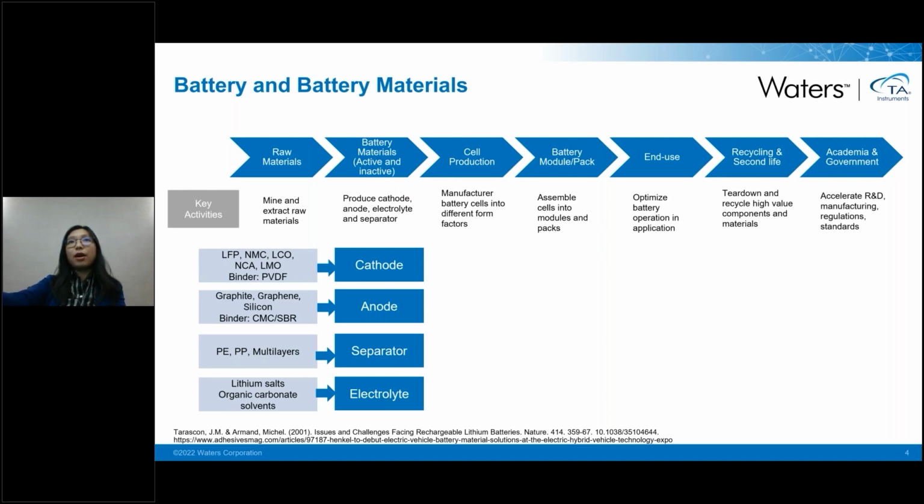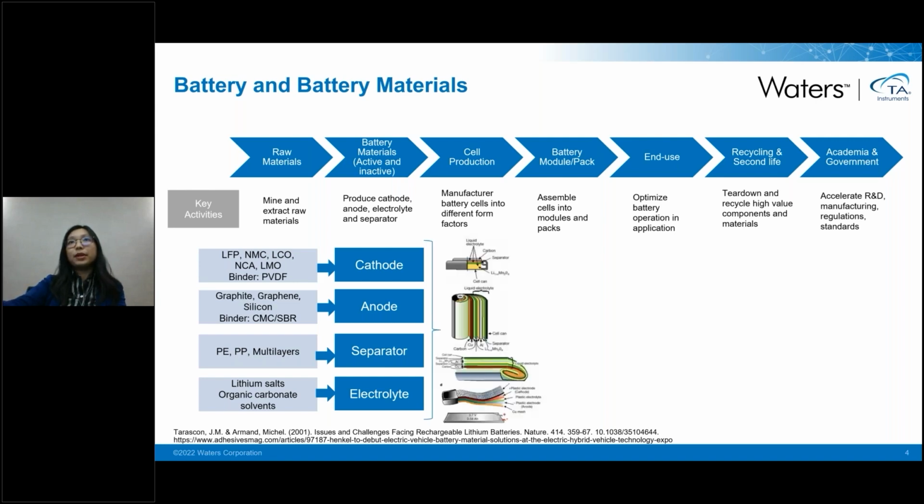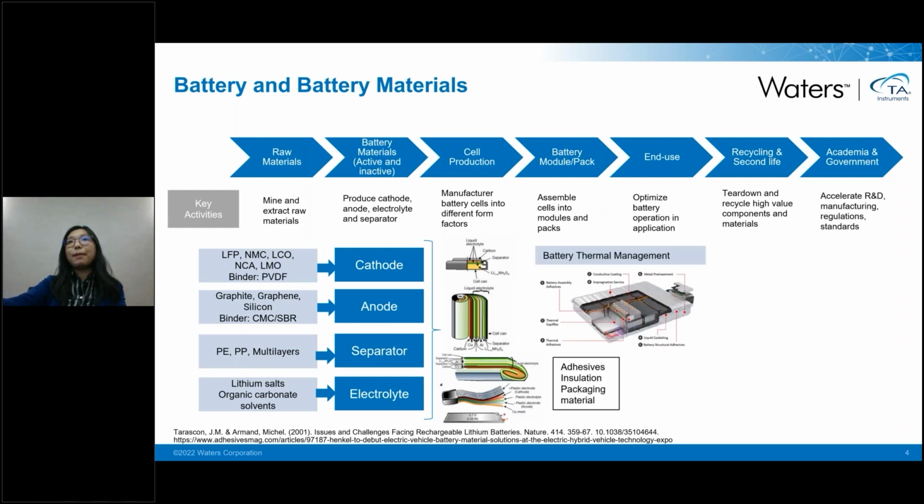So once you have all four active materials in the battery, it will be formulated in different cell shapes. For example, a button cell, cylindrical, pouch cell, or prismatic cell as well. Then those will go into a battery module.